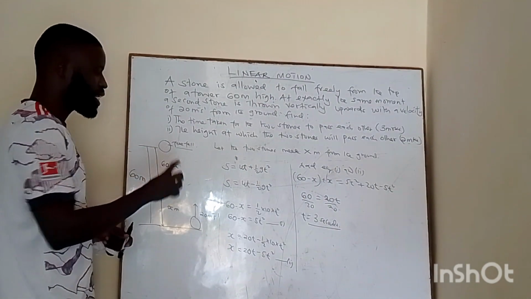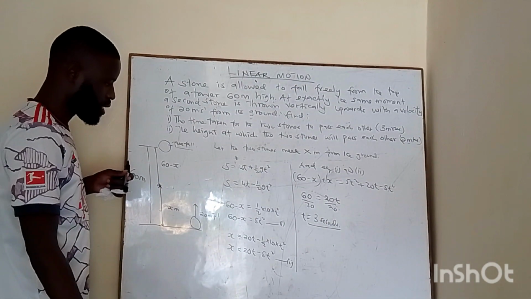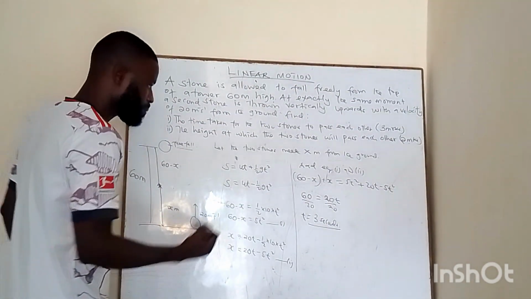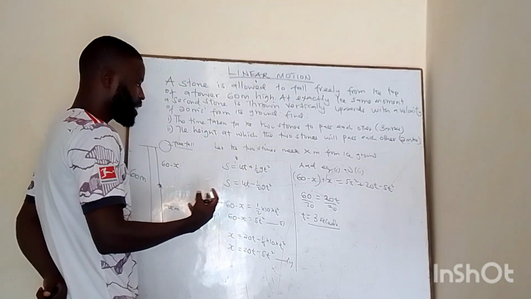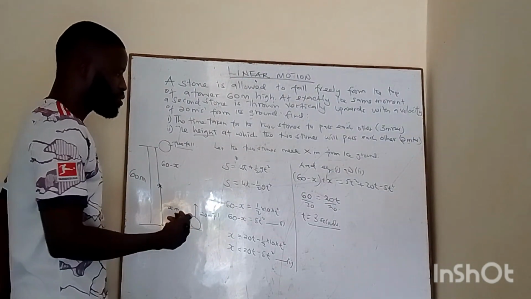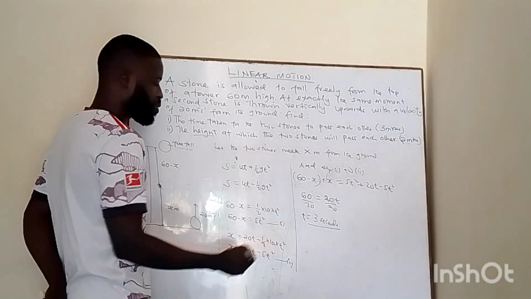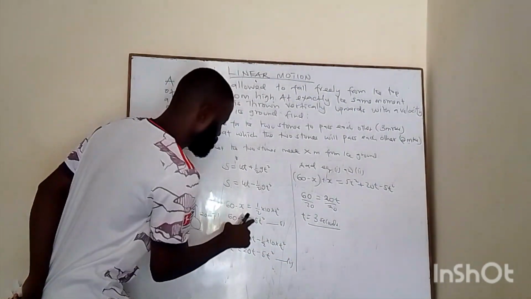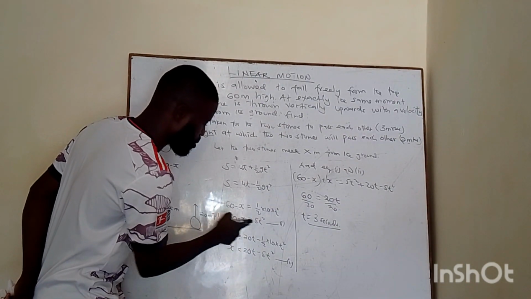After calculating this height, I need to tell the examiner, is it from the top of the tower or from the ground? So at that particular point, I will substitute because I need the height, which is the same as the displacement in this case. During substitution, I can substitute in equation 1. This is my equation 1.